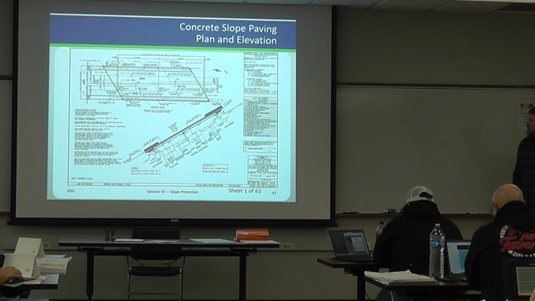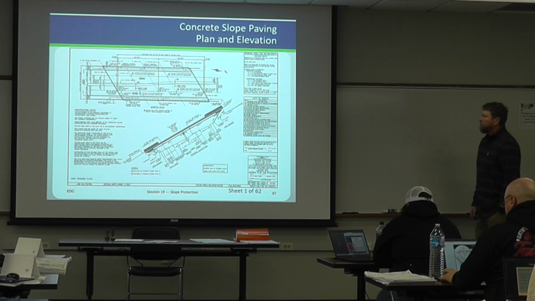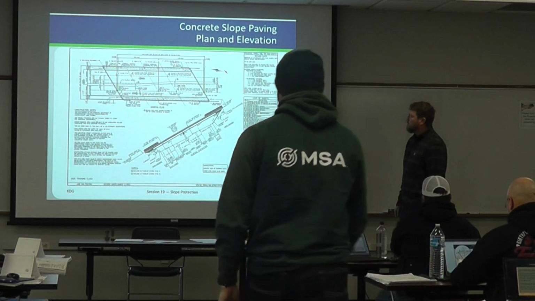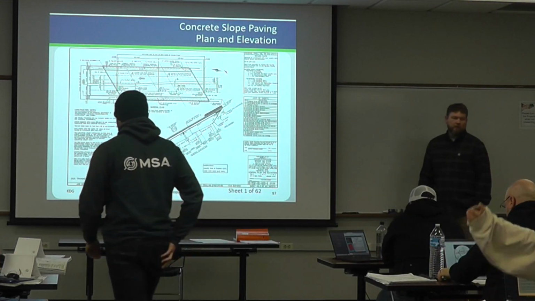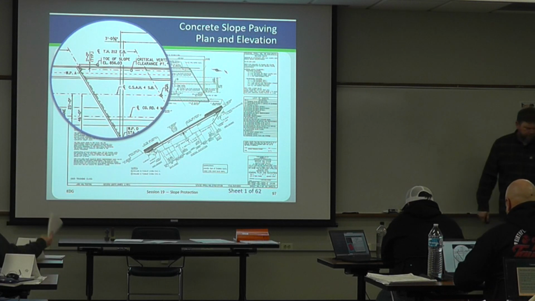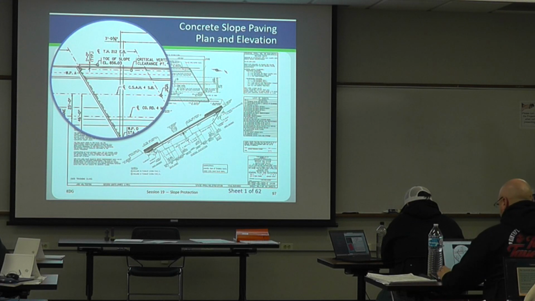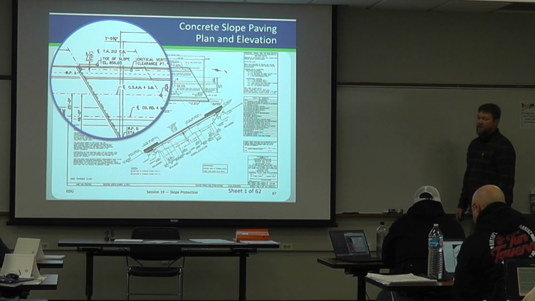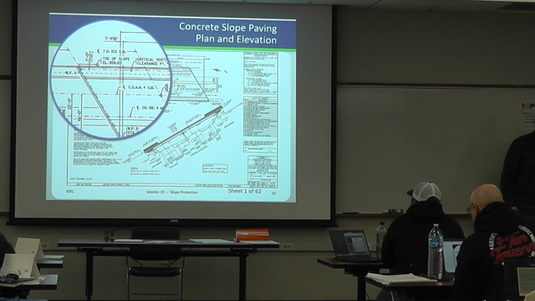Okay, so can everyone turn to sheet 1 in the plans? What is the toe elevation in that blow up for the slope paving? 6.03. Yep.